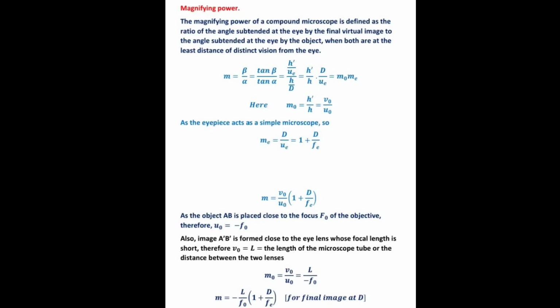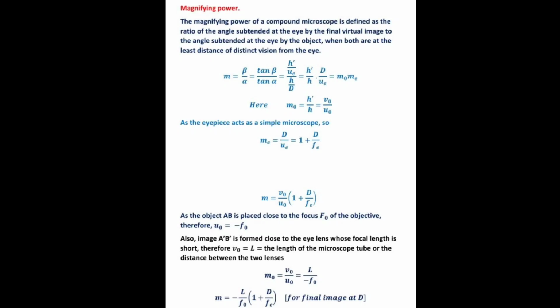If such a thing occurs, then we just replace the u naught with the f naught, and we know that the focal length for this case is taken as negative by using the respective sign conventions. So we get a relation in the form of f naught by replacing the u naught.